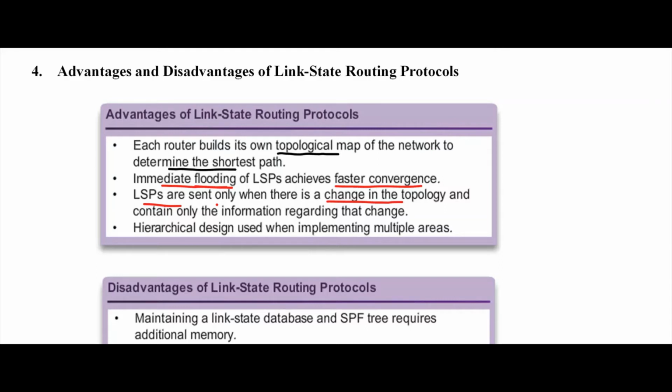But in the RIP protocol, every 30 seconds they exchange the routing information. Here it is not like that. Only if there is any change in the topology diagram are they going to exchange the LSPs.